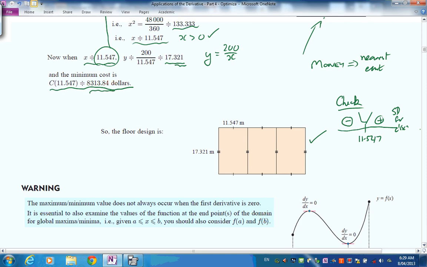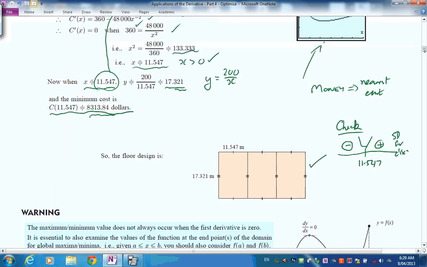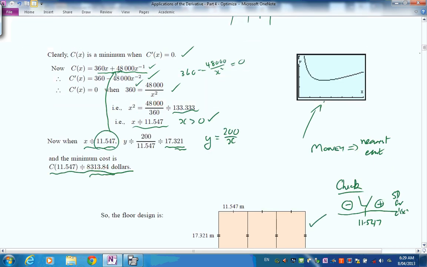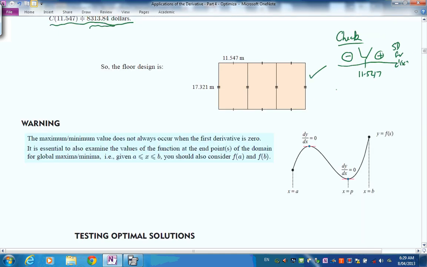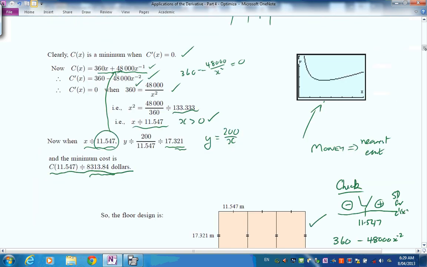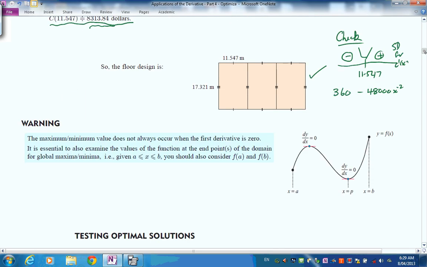What's the other way? Well, you could get the second derivative. How hard is that? Let's go back up here. First derivative is 360 take 48,000 x to the neg 2. Let's check that again. 360, yep, okay.